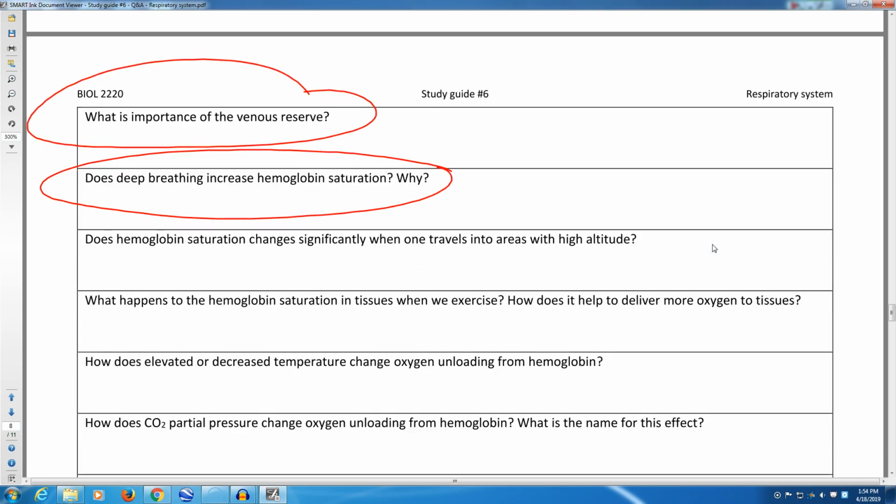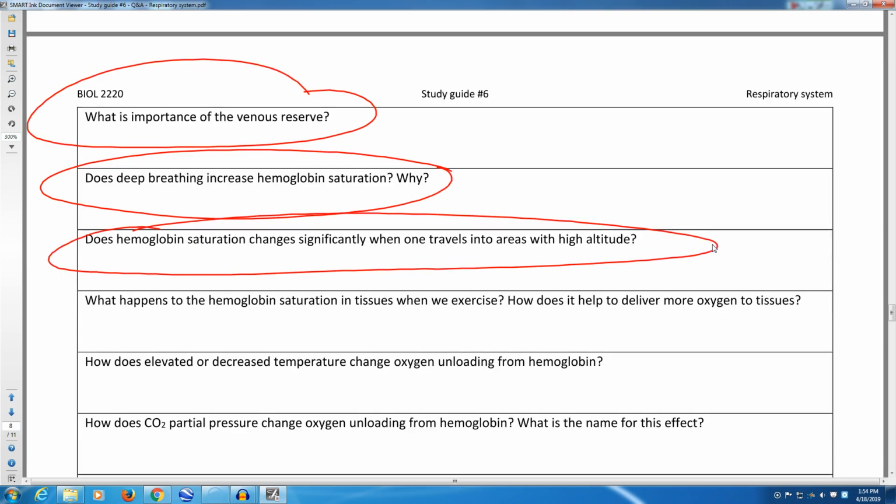Does hemoglobin saturation change significantly when somebody travels into areas with high altitude? Not really, because there is very little drop in saturation even if pressure of oxygen decreases. What happens to hemoglobin saturation in tissues when we exercise?